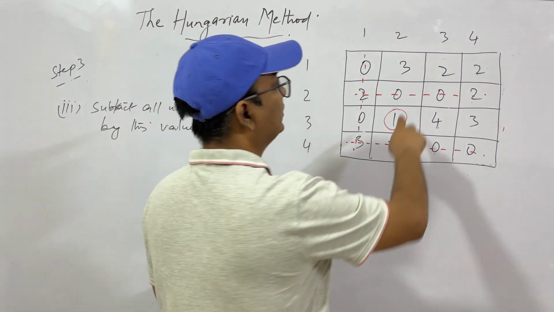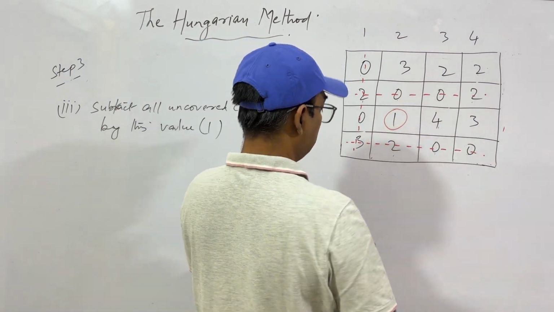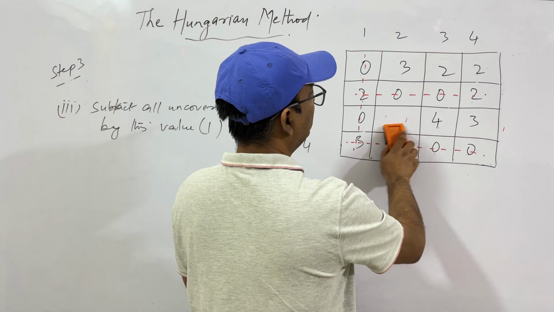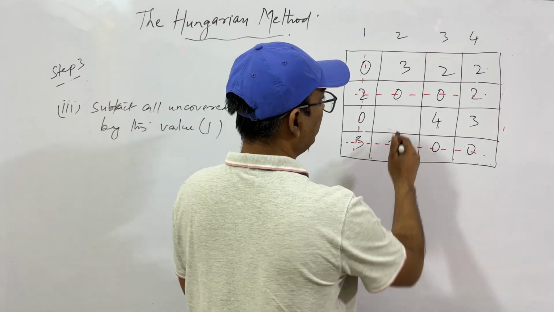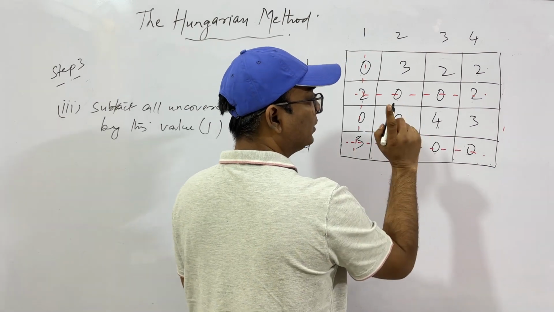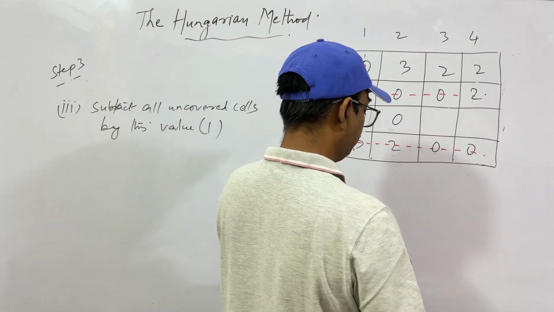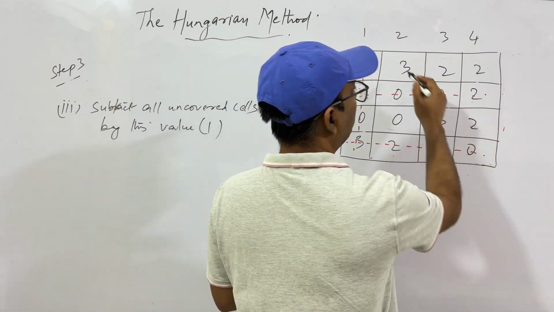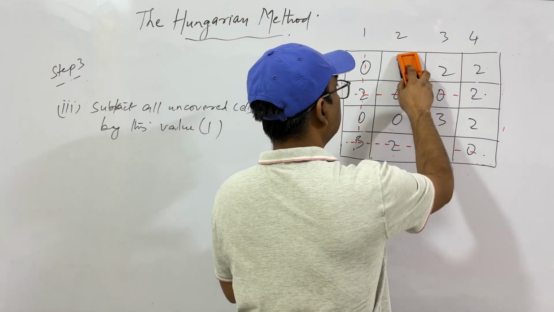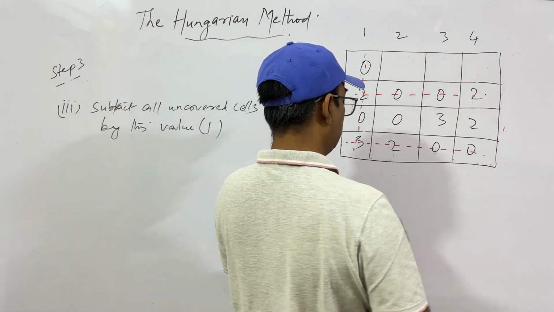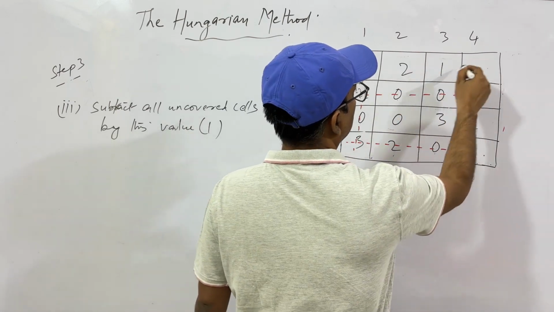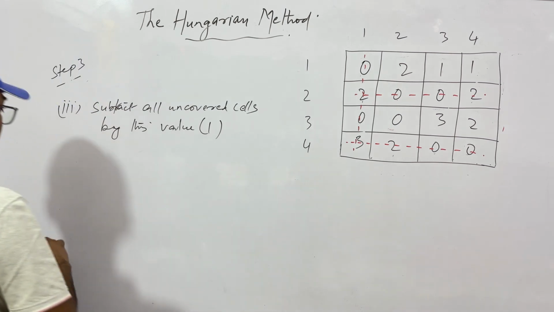So we have these 6 uncovered cells. 1 minus 1 will be 0. This will be 4 minus 1, 3, and this will be 2. So 3 and 2. This will be 2, 1, 1.